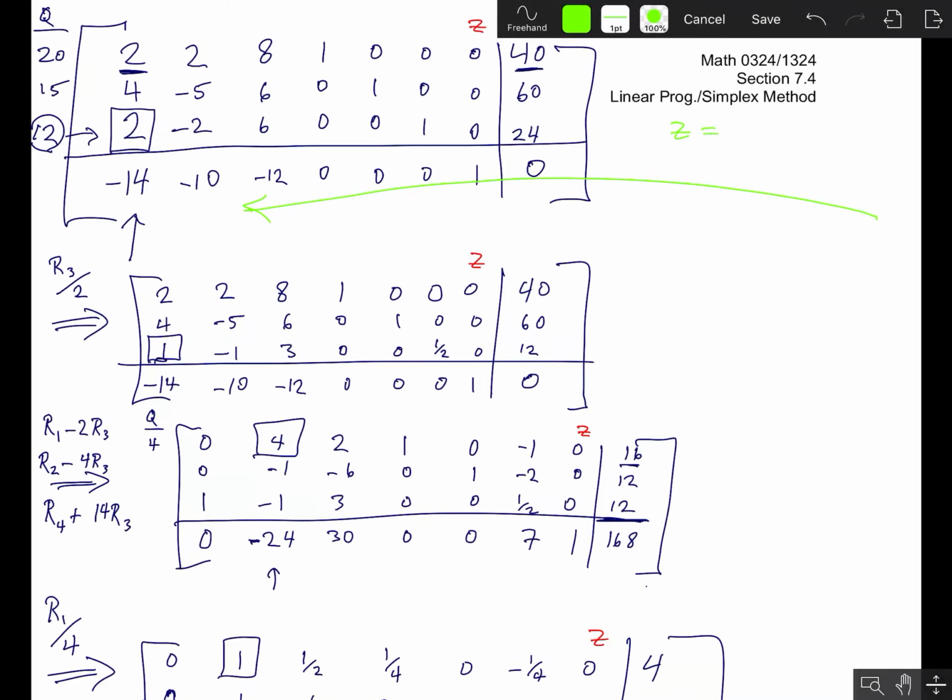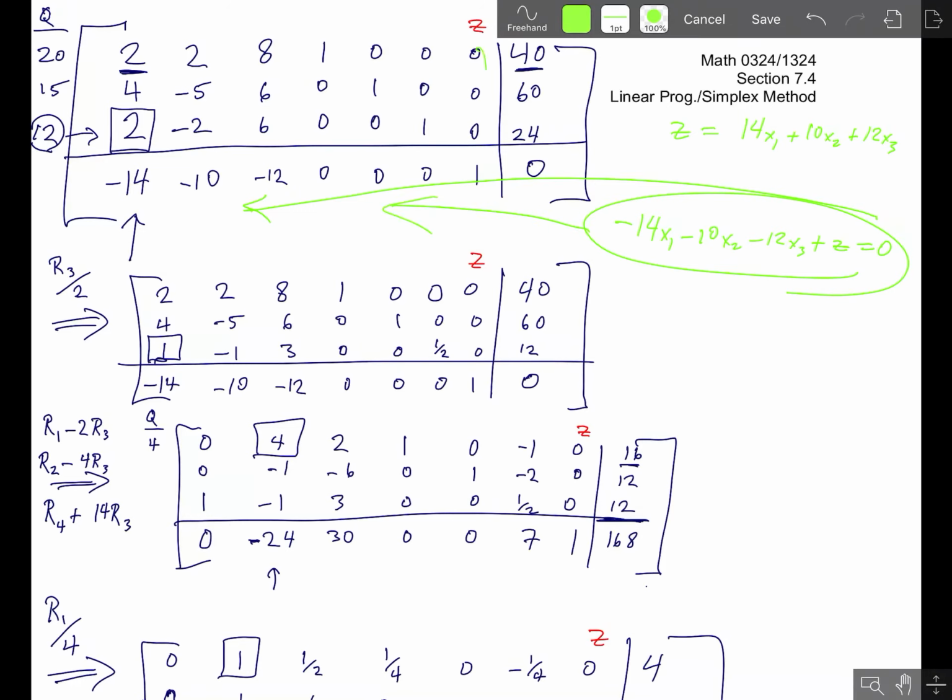So if you started with something like z is equal to 14x1 plus 10x2 plus 12x3, even if you do intend to omit the z column, we would still rearrange this so that it looks like -14x1 minus 10x2 minus 12x3 plus z equals 0. And then this would translate into this bottom row that we have over here, but we would be omitting the z coefficient.